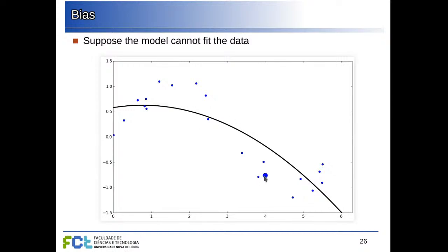And so we are predicting for this value here, if the input is 4, the feature is 4, then we are predicting a value that is higher than what it should be. This should be the real value we are predicting over there.